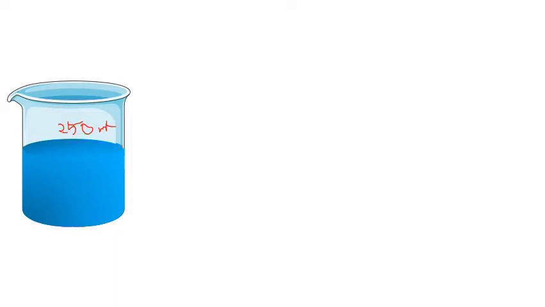Suppose you add some amount of water, then a certain amount of water will be filled, and that is called the initial water level. Further, if you want to add water, you cannot add 250 ml, but only the remaining amount.